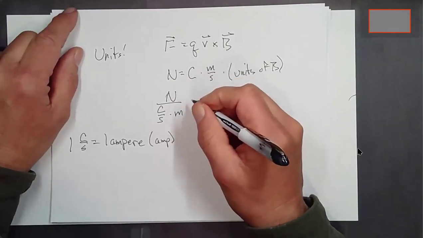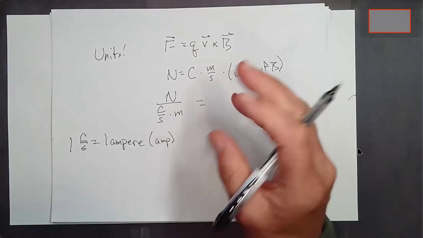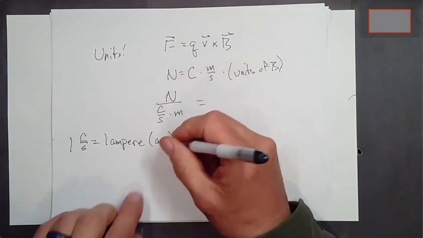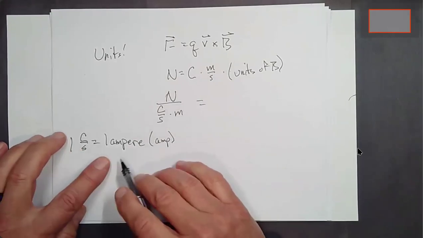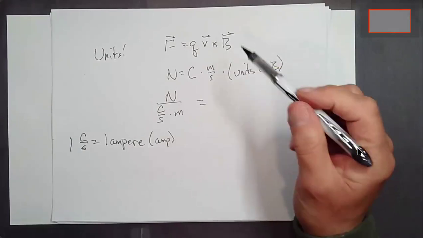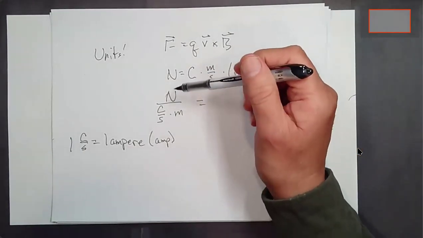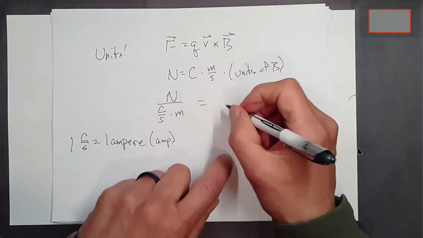I think the abbreviation is a capital A, but we're not going to do a whole lot with that in this unit. Just keep in mind that the units of the magnetic field are going to be a Newton per amp meter.